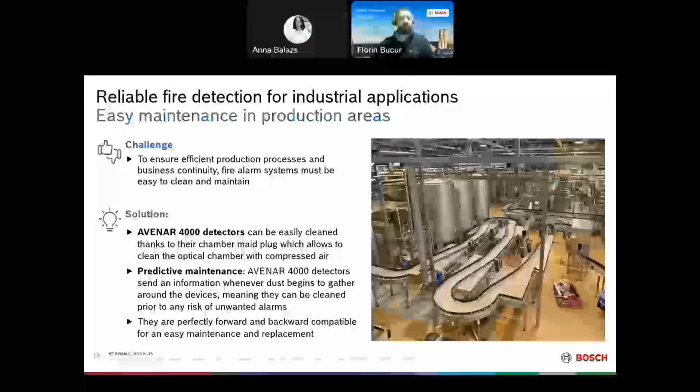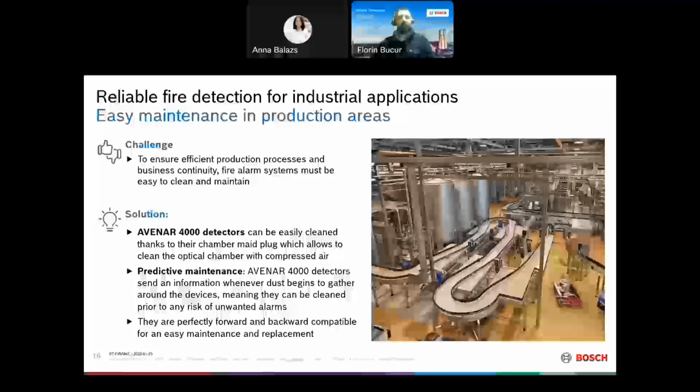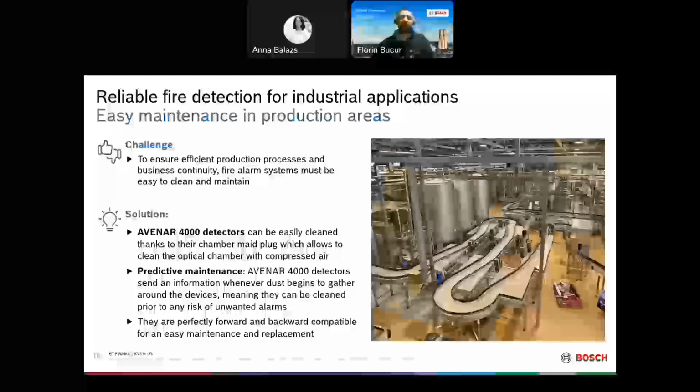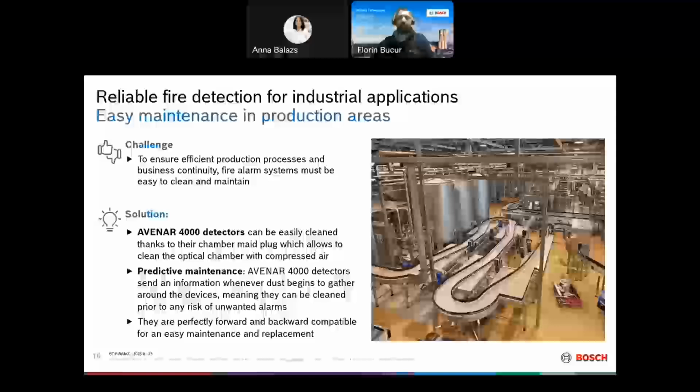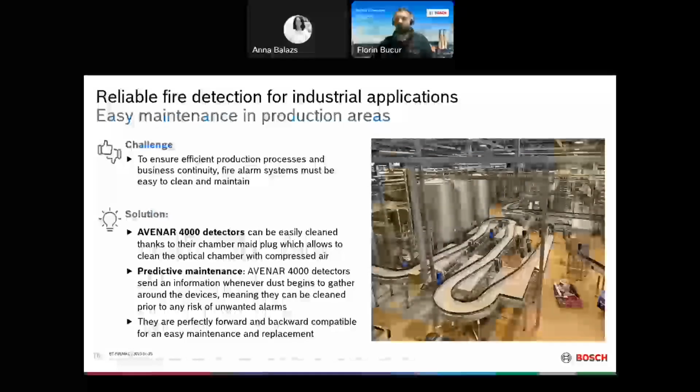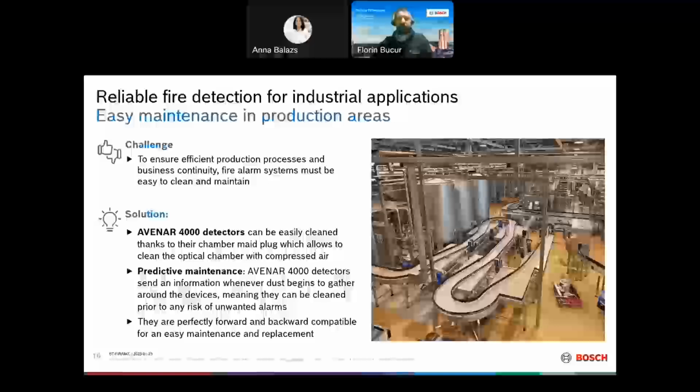I'll start with the detectors. Here we have the possibility to clean the detectors. They don't have to be replaced when the pollution level reaches a critical level. This is one of the features that we have even in our standard point detectors.